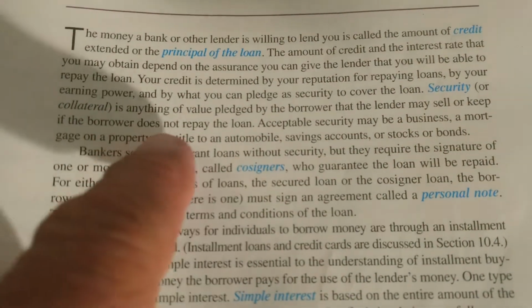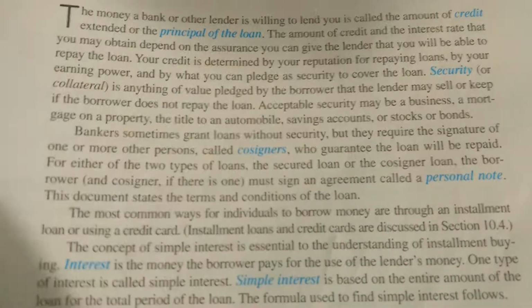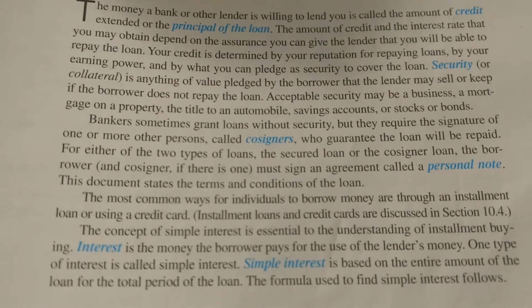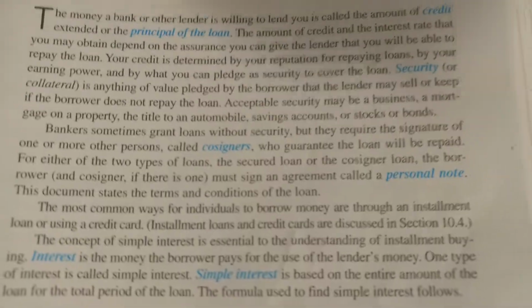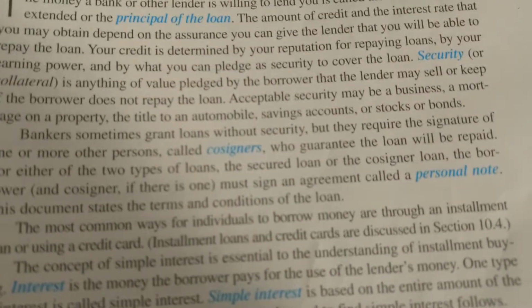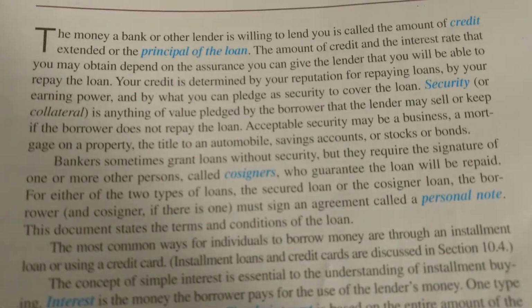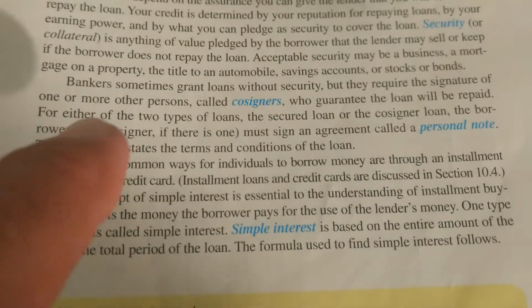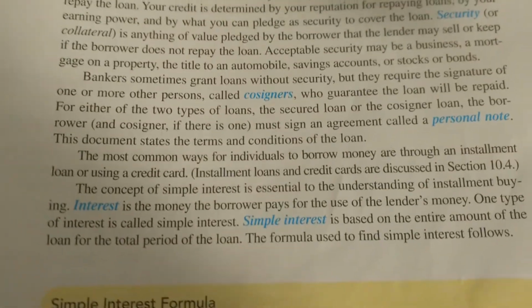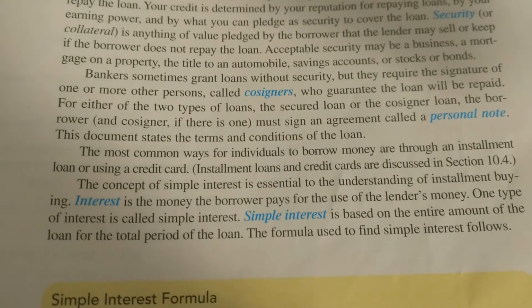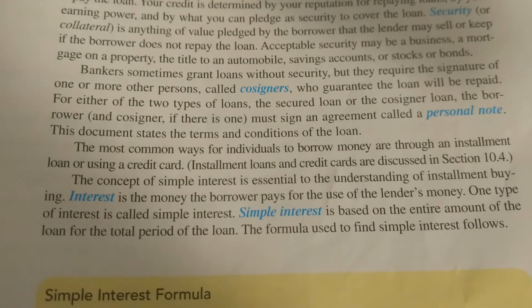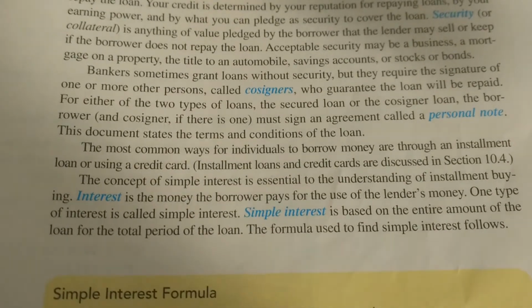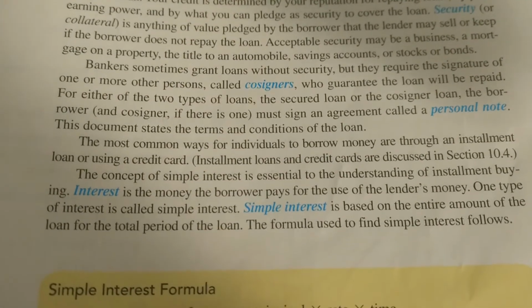Security is anything of value pledged by the borrower that the lender may sell or keep if the borrower does not repay the loan. A lot of people, when they mortgage a house, the house is security for the mortgage. Banks sometimes grant loans without security, but they require a signature from one or more other persons called co-signers who guarantee the loan will be repaid.